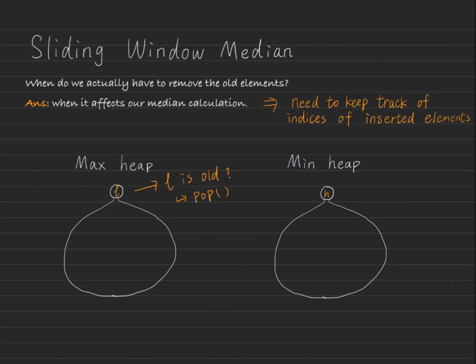But as we've seen in previous slides, all we care about to calculate the median is the top of each heap. So the old element can stay inside the heap for as long as possible unless it gets to the top. Then, because it affects the median calculation, we need to remove it. Otherwise, we can delay our cleanup.